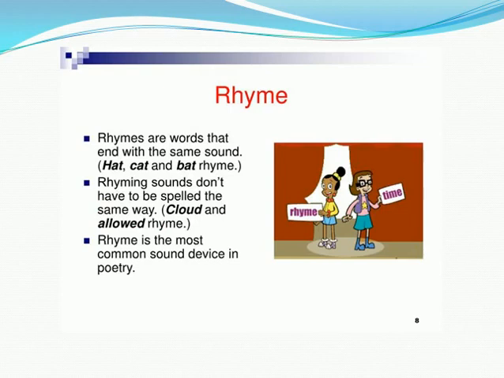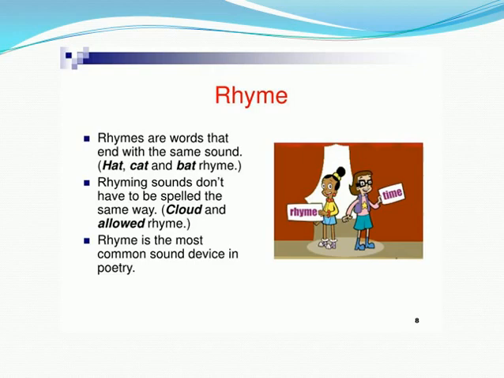Rhymes are words that end with the same sound. Hat, cat, and bat: these words rhyme. For example, twinkle, twinkle, little star, how I wonder what you are. Star and are rhyme; they have the same sound. Rhyming sounds don't have to be spelled the same way.